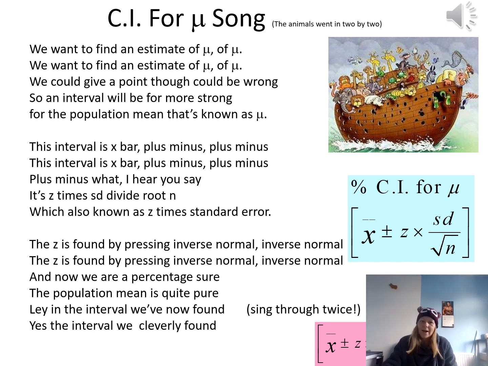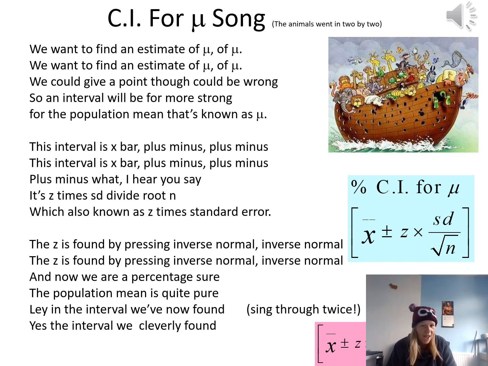We want to find an estimate of mu. We could give a point but could be wrong, so an interval will be far more strong for the population mean, that's known as mu. This interval is x bar plus minus, plus minus.